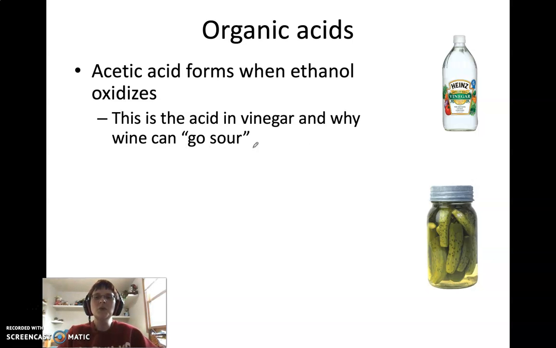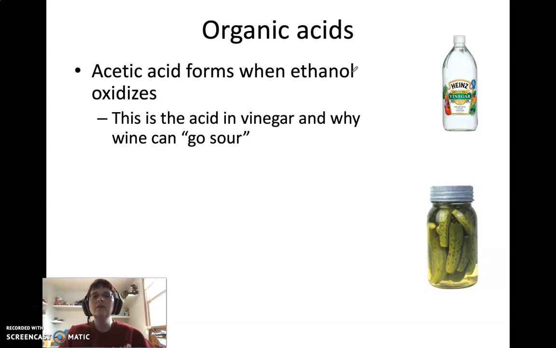But this is also why wine can go sour. I don't know if any of you are familiar with this, but wine can go bad. What happens is that the products in the wine are going to create acetic acid.